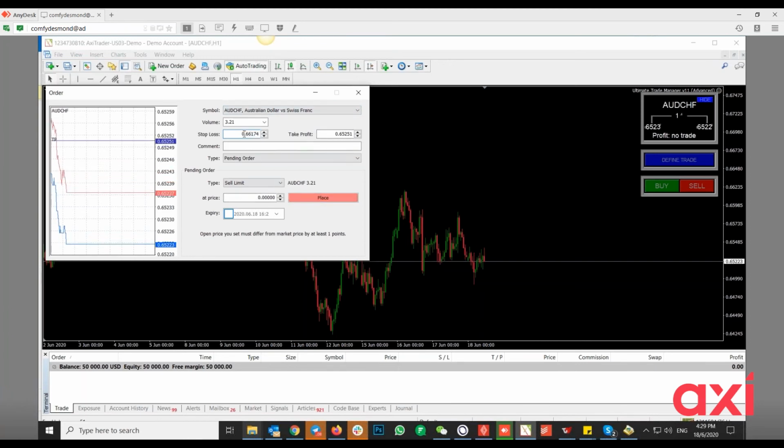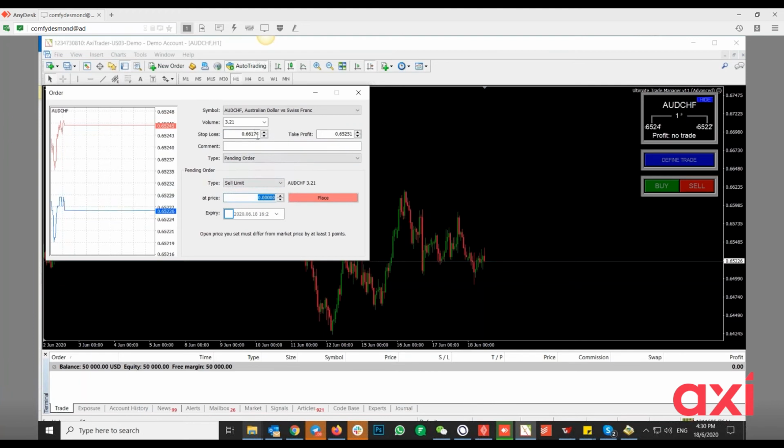Yeah, no, it's not plus 37, it's minus 37, right? So I need a minus 37 from here to get my original entry price, and from there, risking 37 pips at 3.21 lots would help me risk exactly 2.5% of my account. So I need to take 0.66174 and minus 37 pips.